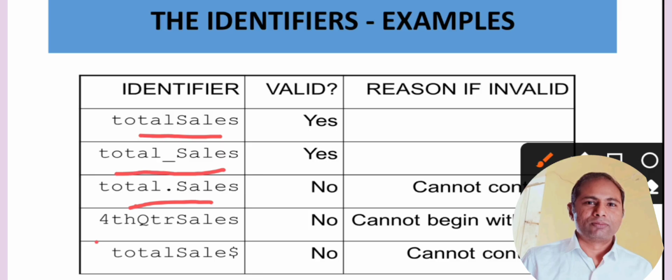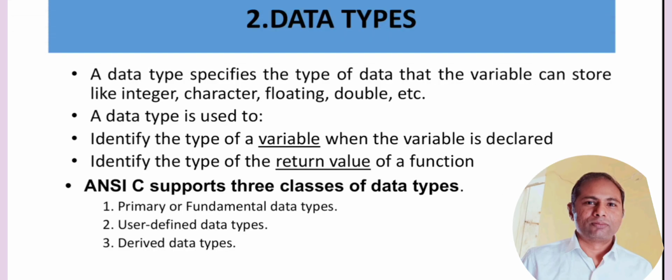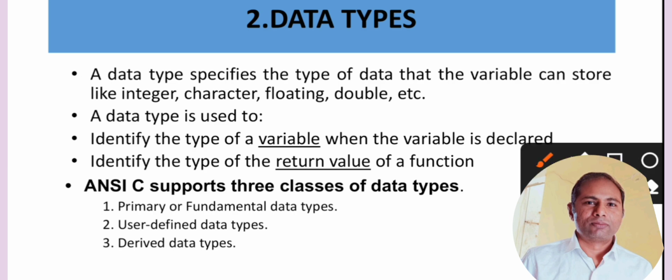If I write a name beginning with 4, we cannot begin with a digit, so this is not a correct identifier. If I write total sales dollar, I cannot use special characters, so this is also not a correct identifier. Now these were the tokens. So identifiers and keywords come in the category of tokens in C.